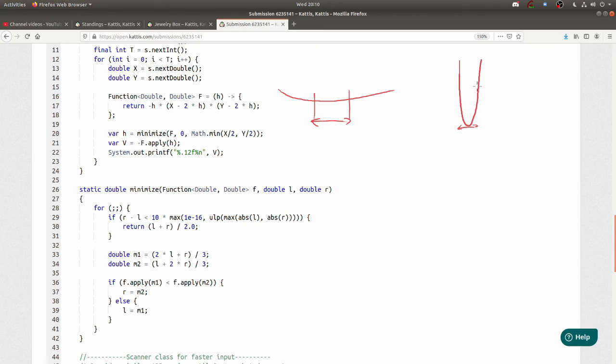So here in this case, the maximum volume was to be computed with an absolute or relative error of 10 to the negative 6. Okay, so the problem very often will give us a tolerance, either absolute or relative error in the y direction. And because we do not know how steep the slope of that function is at the point where we're searching, we cannot easily relate the required accuracy in the y direction and translate it into an accuracy in the x direction.